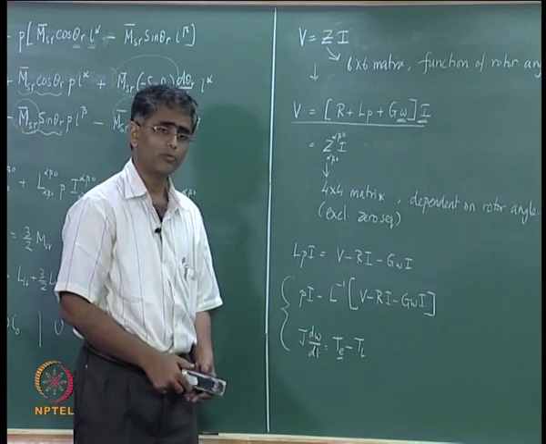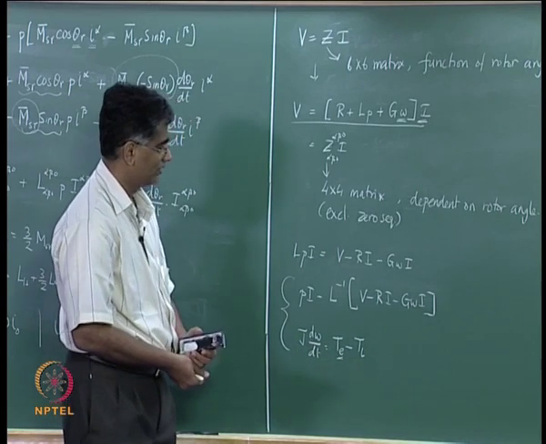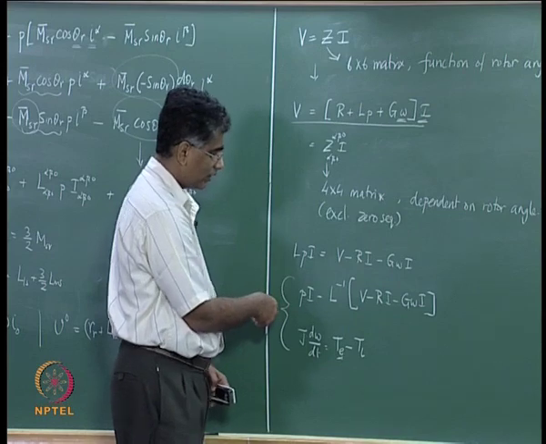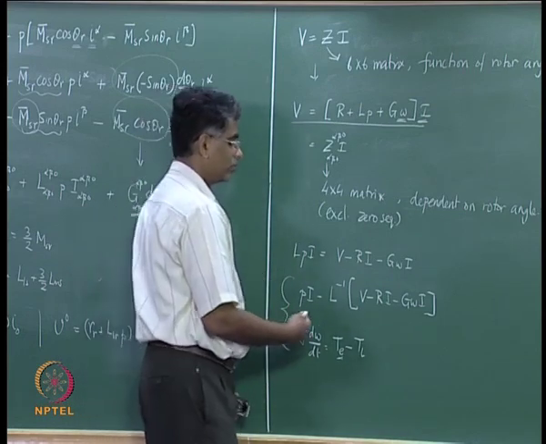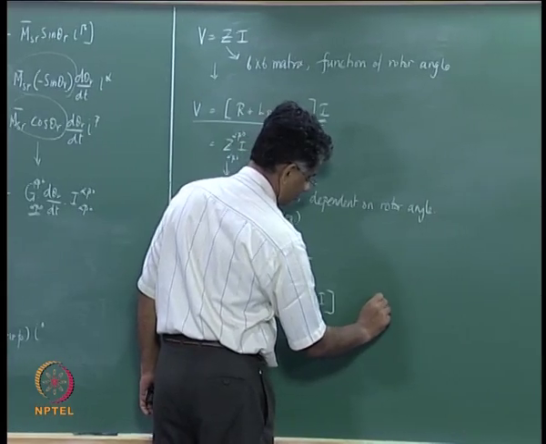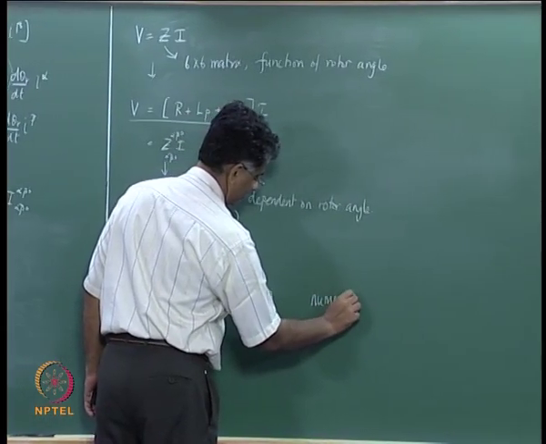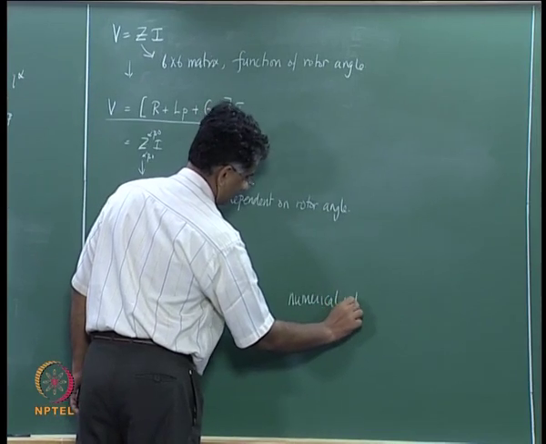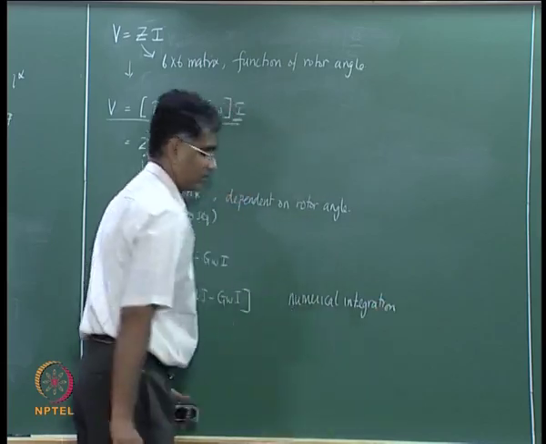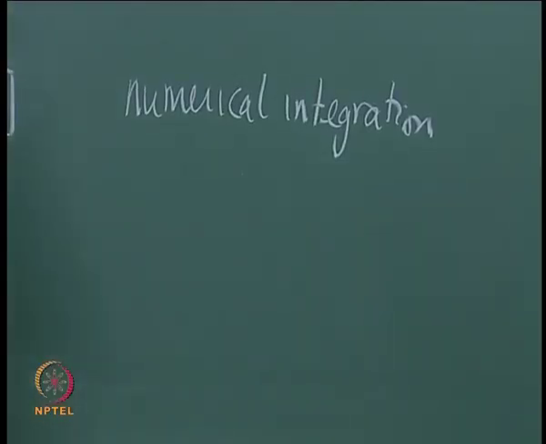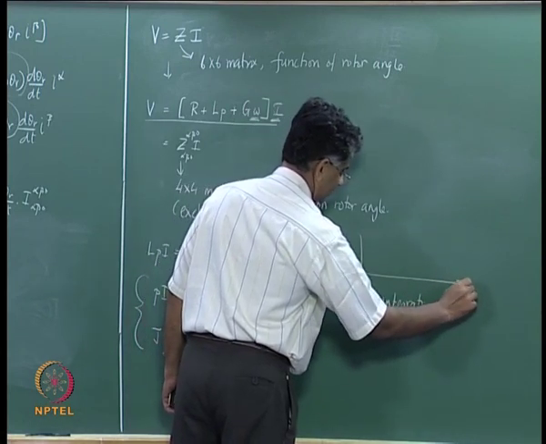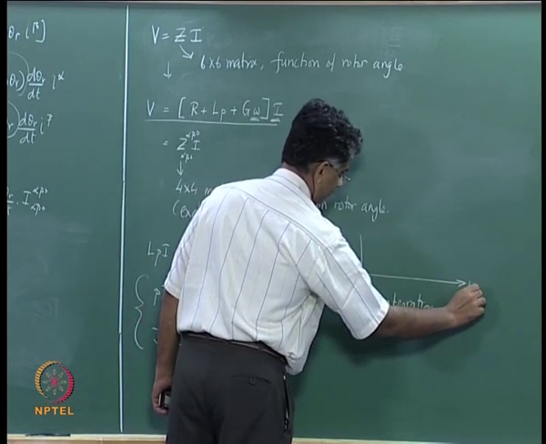But the process is not again very easy, because in the digital computer one would solve it by algorithms known as numerical integration algorithms. And these numerical integration algorithms essentially take the axis with respect to time.